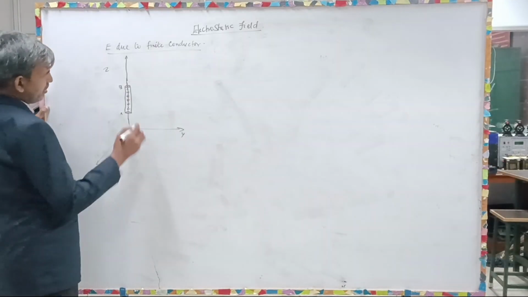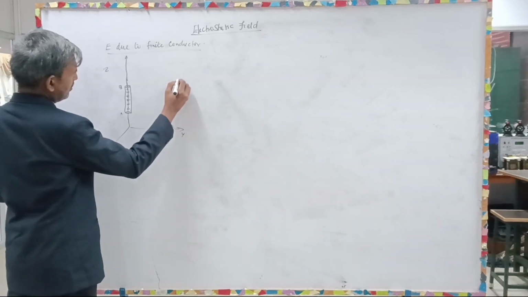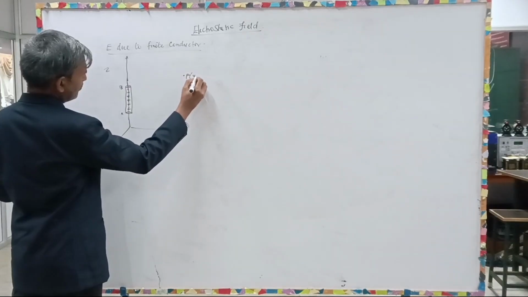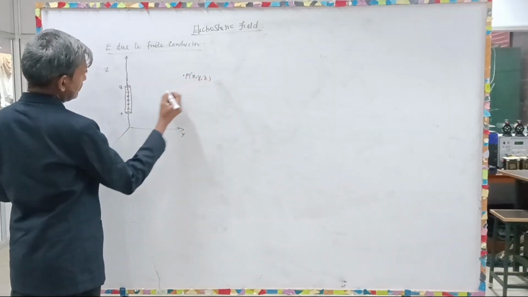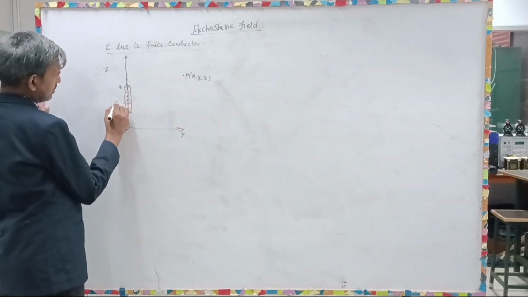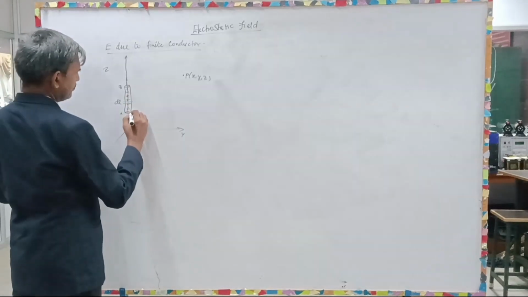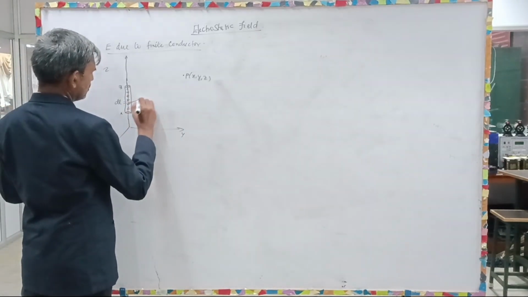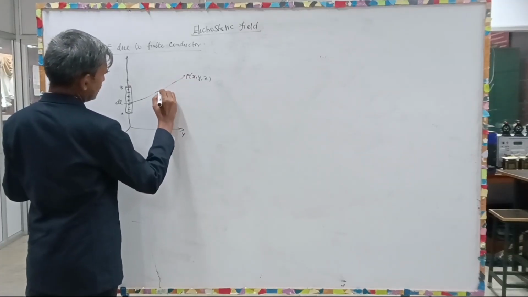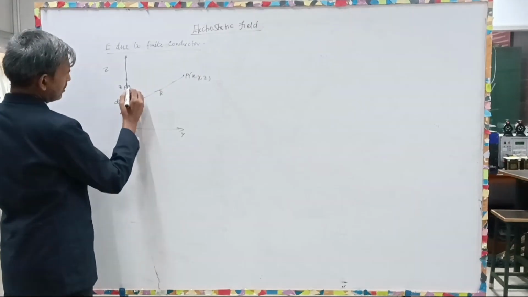So after that I am finding the electric field intensity at the point P, so P of x comma y comma z. I am taking a small differential length, that is dl. This is the distance between the differential length and point P, which is r.